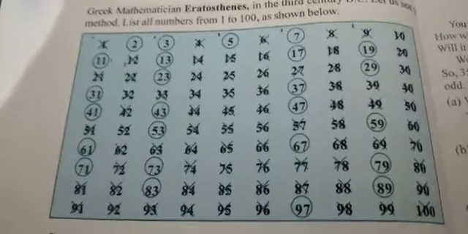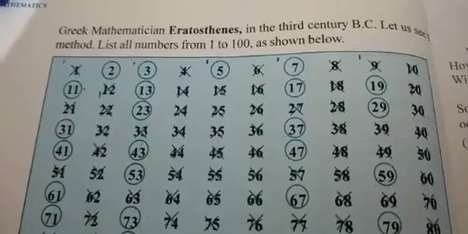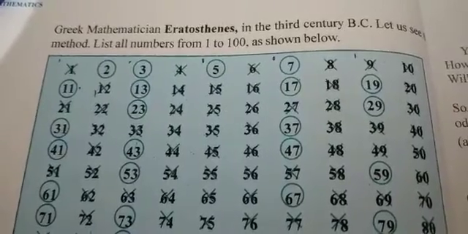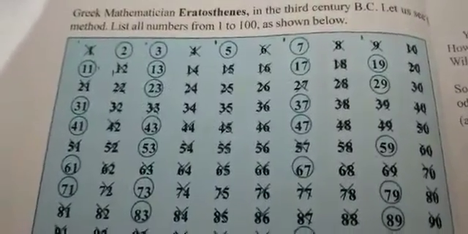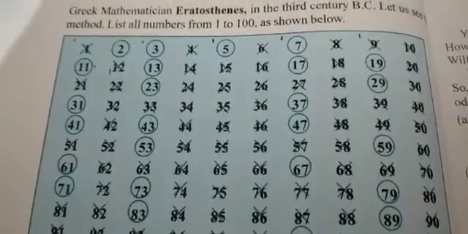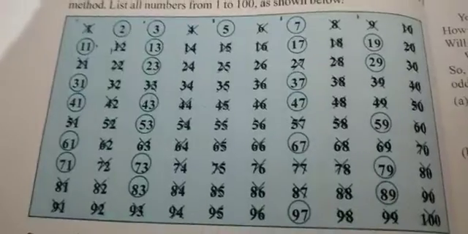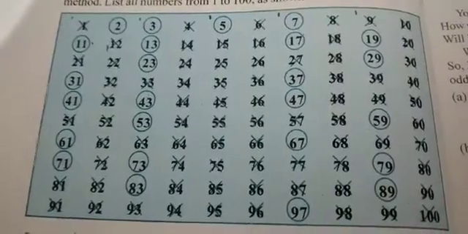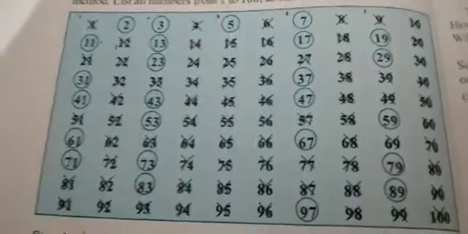Now have a look at this table. It's about Greek mathematician Eratosthenes in the 3rd century BC. He had showed us a method where we are going to separate out prime numbers from the composite numbers right from the numbers 1 to 100.